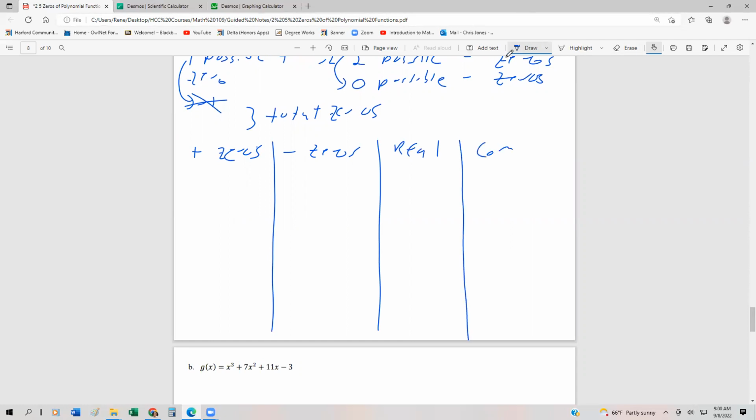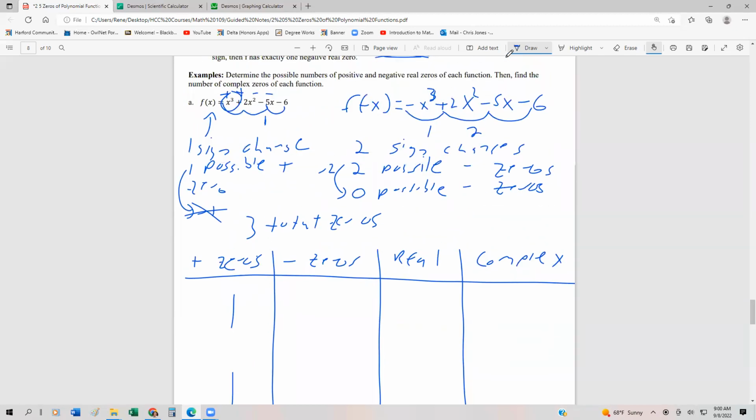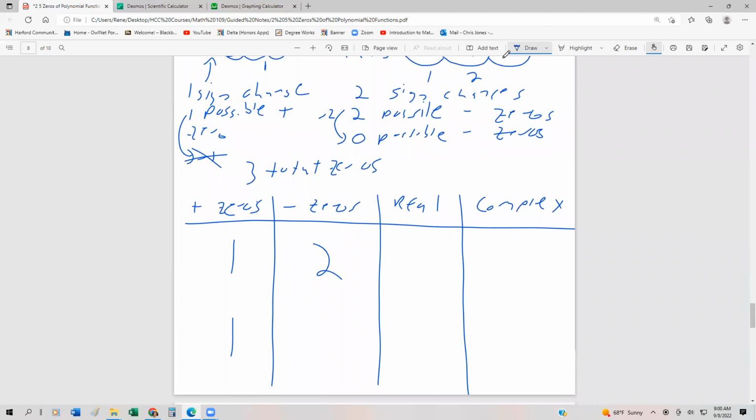And then we have our complex zeros. Remember, for positive zeros, there's one possible zero no matter what. For the negative zeros, there's either 2 or 0 of these. And so if I add these together, that should give us the number of possible real zeros, so that would be either 3 or 1.